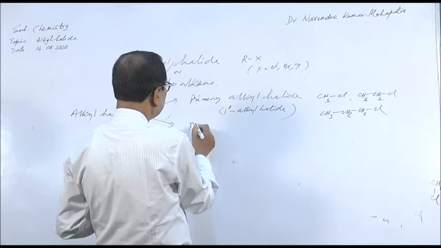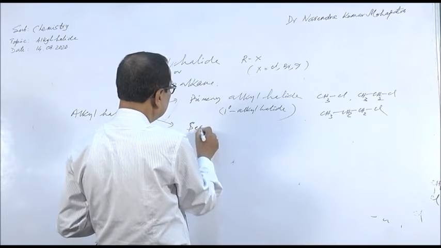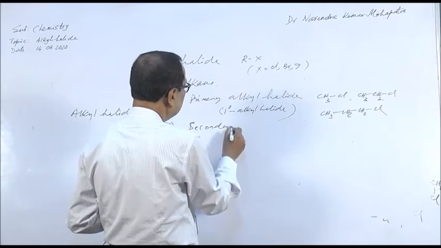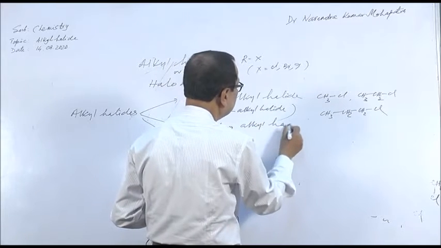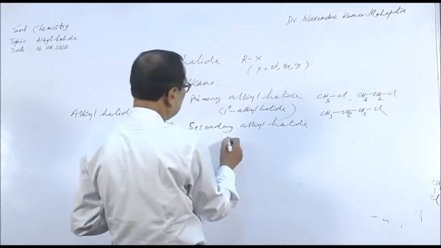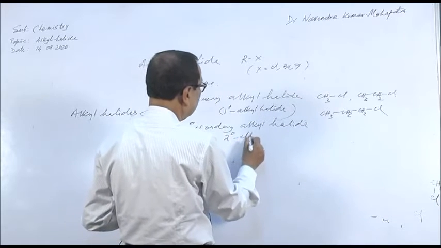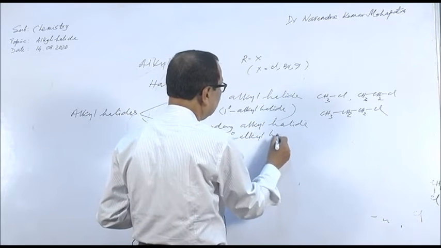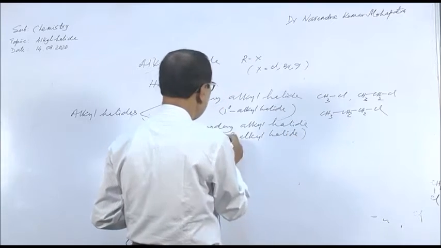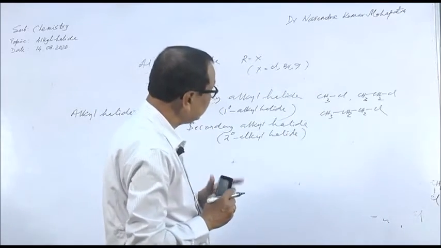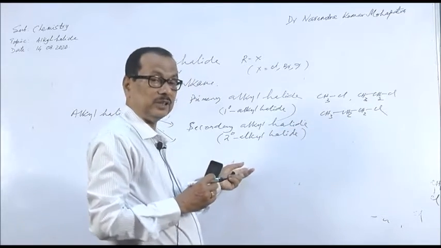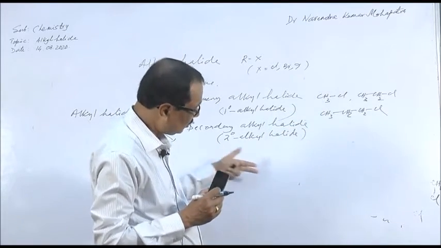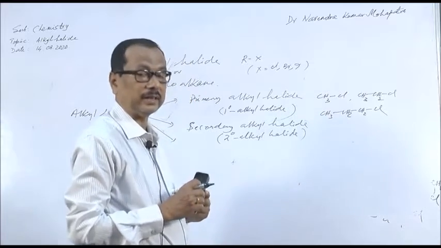Similarly, another is secondary alkyl halide, or 2 degree alkyl halide, where the halogen atom is present on a secondary carbon atom. A secondary carbon atom is that carbon atom which is connected to two other carbon atoms.